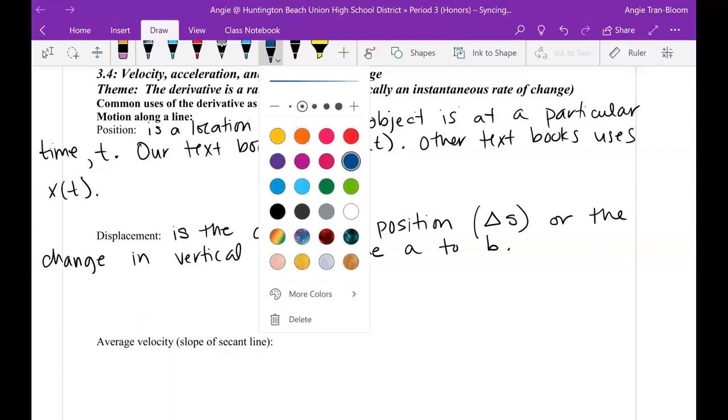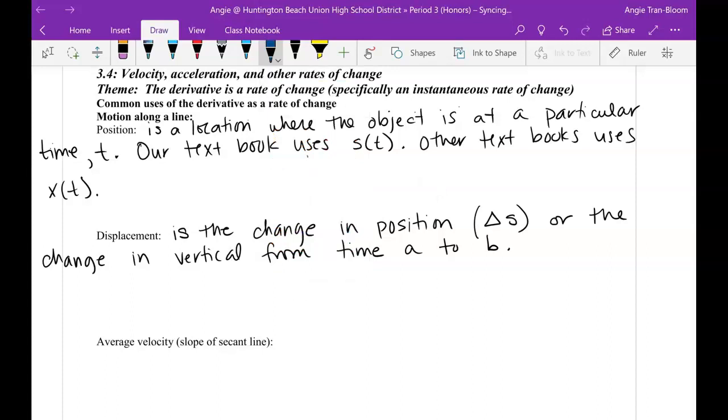Let's kind of sketch it out. So here, let's do a position sketch. Here's time. Obviously, time is not going to have any negative value, so we're just going to start there. And here is the position. Where is it located, right? So at the beginning of time, for example, an object that's moving along the horizontal line, let's just say we're going to start at 0. Then let's just talk about a bike, right? We're riding a bike down along the beach.